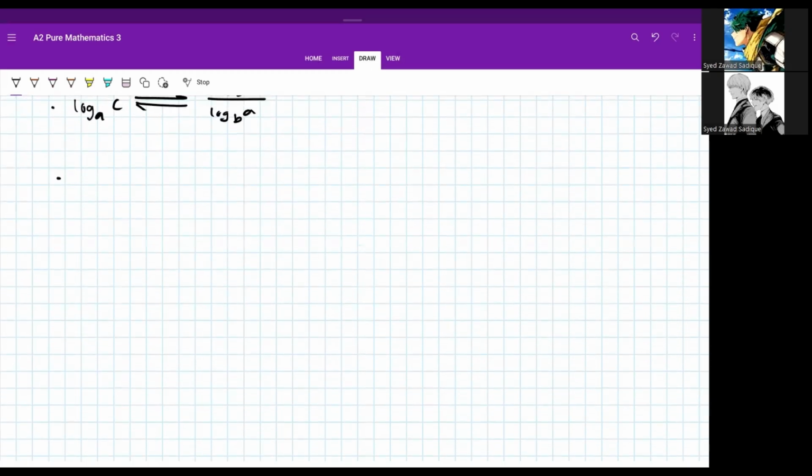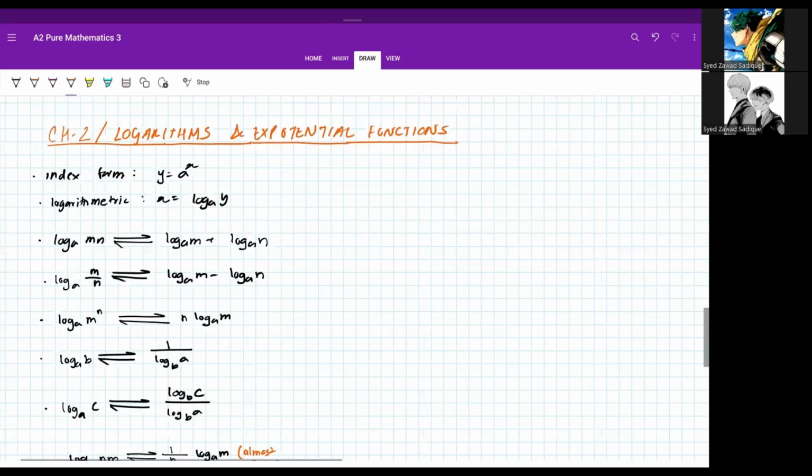Finally, this formula is almost never needed: log a to the power n of m is 1 by n log a m. Almost never used. Okay, so these are the formulas that you will be using.